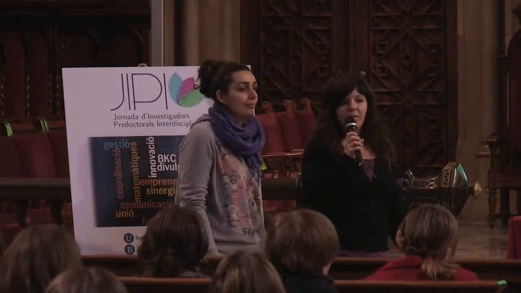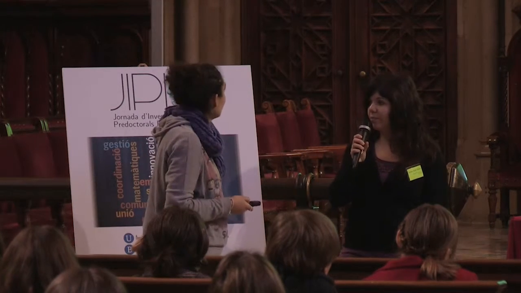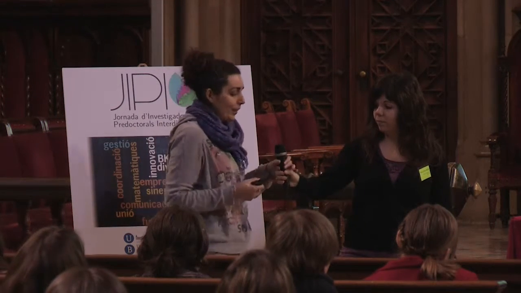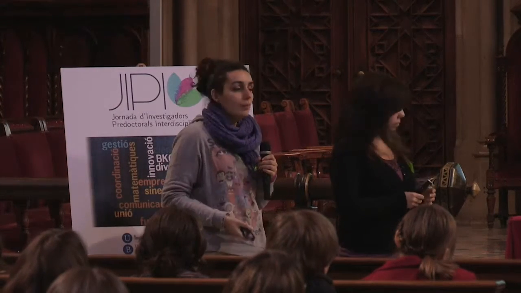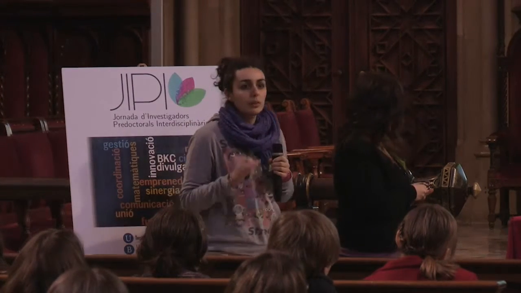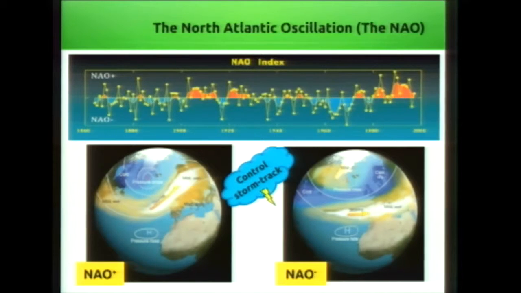But what is the North Atlantic Oscillation? The North Atlantic Oscillation, formerly the NAO, is a climatic pattern which mainly rules the variability of winter precipitation and temperature in Europe. It is associated with change in the westerlies across the North Atlantic onto Europe, and it controls the path of the storm tracks.